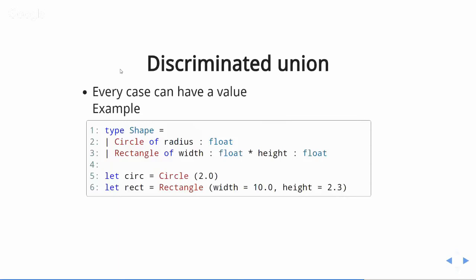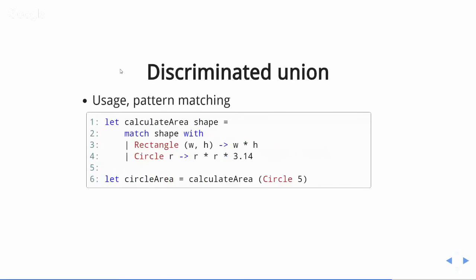And let's look at how we can actually use them. So let's say we want to implement a function which calculates the area of a shape. And what we can use to do this is the feature that I mentioned, which is called pattern matching. So with the match shape with syntax, we can start a pattern matching expression.